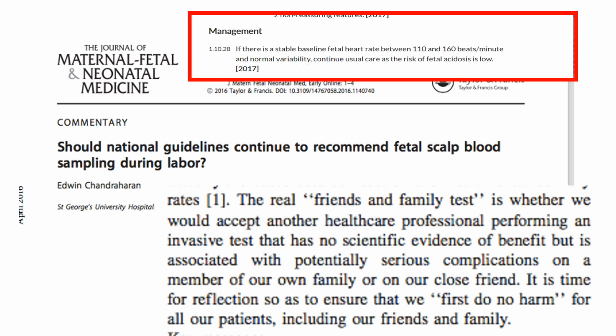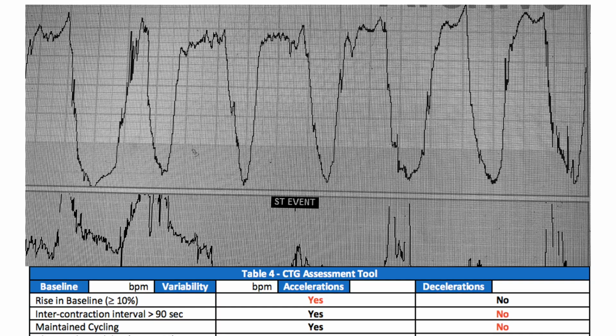The NICE guidelines of 2017 also state that if there is a stable baseline fetal heart rate and a reassuring variability, continue usual care because the risk of acidosis is low. So please don't perform a fetal blood sampling because the CTG is pathological, because if the baseline variability is normal and the baseline is stable, there is no acidosis.